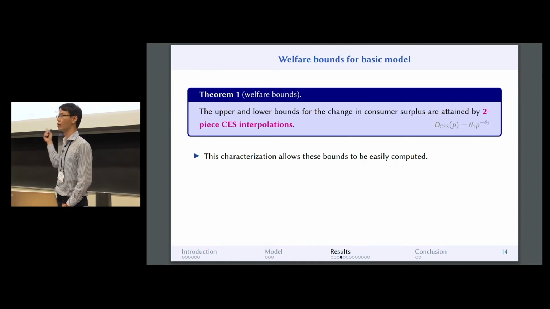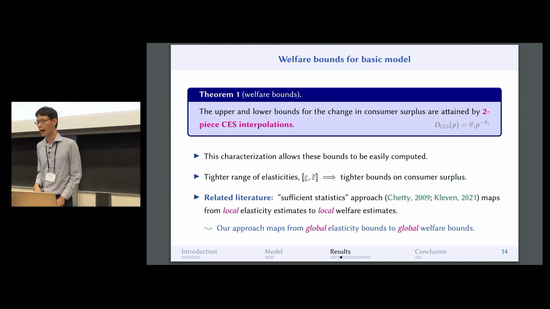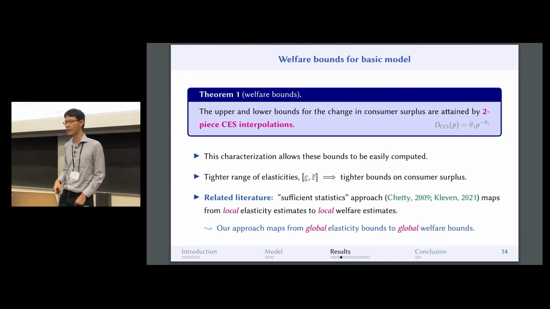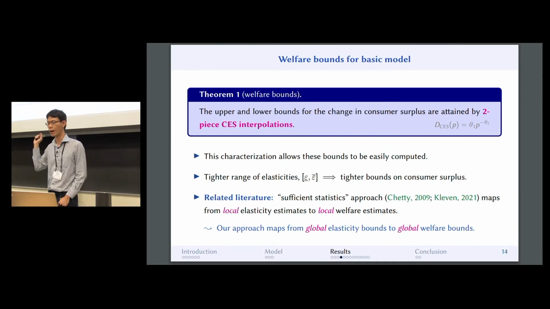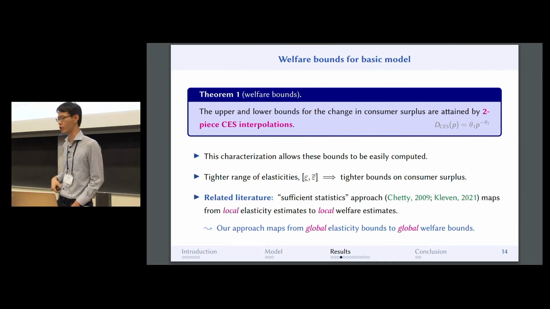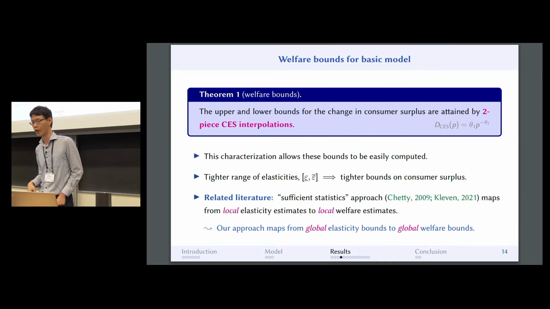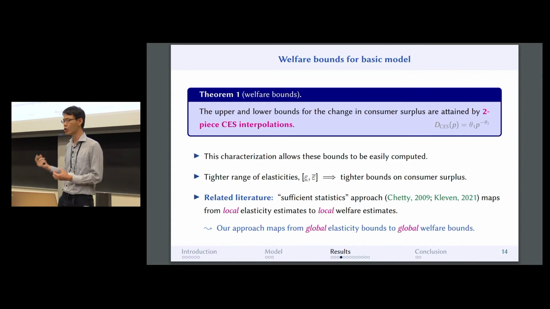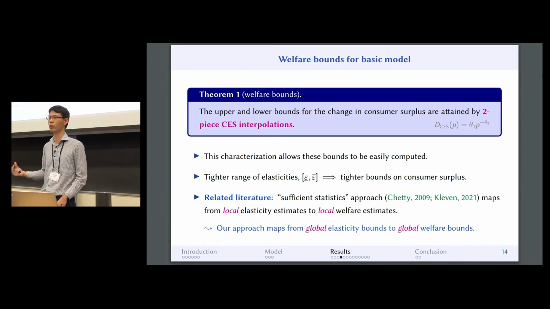That's because I know the functional form of the CES interpolation, so I can compute these upper and lower bounds in closed form. And finally, this is very much related to a sufficient statistics approach in applied economics, where they think about mapping from local elasticity estimates to local welfare estimates. By contrast, our approach maps from global elasticity bounds to global welfare bounds. This is something we comment on more in the paper.